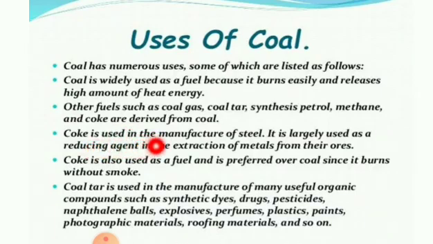Coke is used in the manufacturing of steel. It is largely used as a reducing agent in the extraction of metals from their ores. Coke is also used as a fuel and is preferred over coal since it burns without smoke.